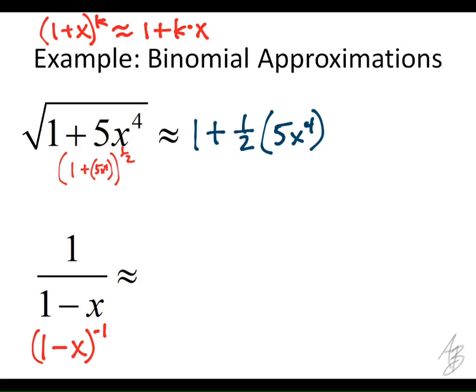So that means that k is negative 1, and instead of x here, what am I going to put? Negative x. Good. So the linearization, the approximate value of 1 over 1 minus x, is going to be 1 plus, we said k is negative 1, we said x is negative x, so it's just going to be 1 plus x.